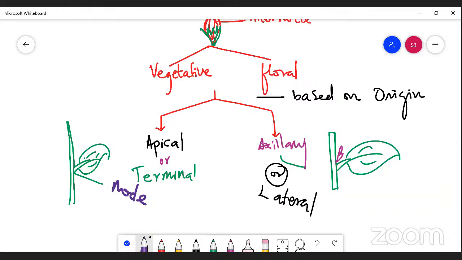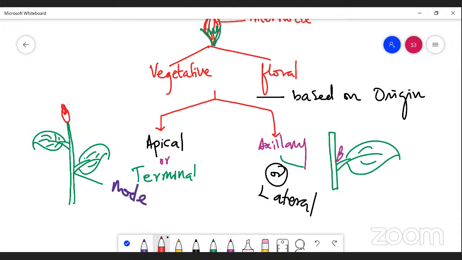And just above the growing point of the stem or shoot system, you can see the buds arise.